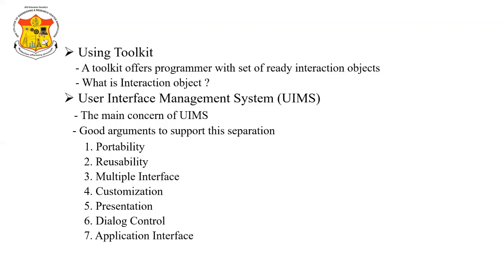For example, every button interaction object within the same application program, or between different ones, by default could have the same behavior. All that is required is that the developers of different applications use the same toolkit. This consistency of behavior for interaction objects is referred to as the look and feel of the toolkit.